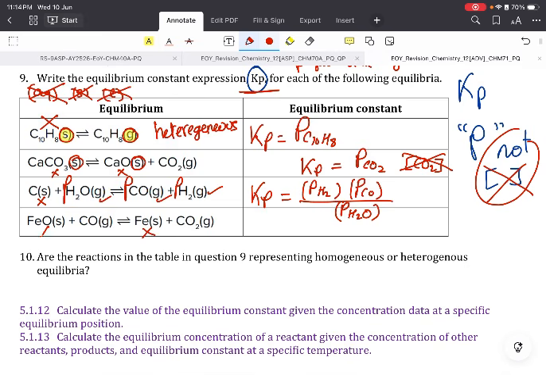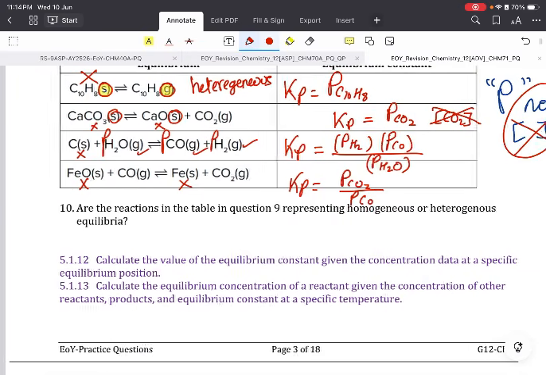Next question, solid will not be included, it's only the gas. And if, for example, the gas has a coefficient, that coefficient will be a power. So Kp over here is the pressure of CO2 over the pressure of CO.